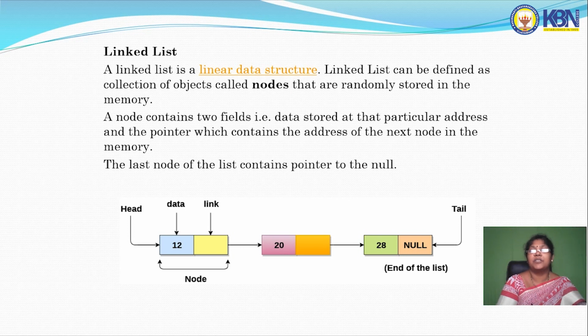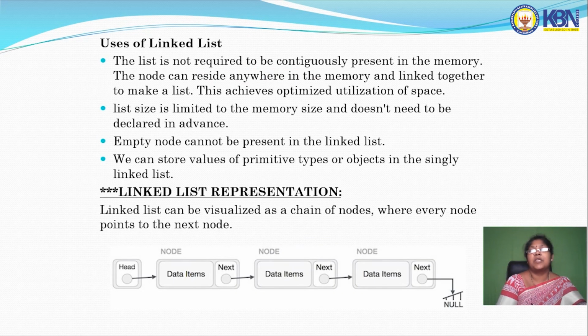Okay, then go for the next one. Here are the uses of linked list. A linked list is represented in memory and it reuses the wasted memory. Whenever memory is available, we can link it together to make a list. So we can store the elements randomly in different locations, but we can bring them together by making a linked list representation.